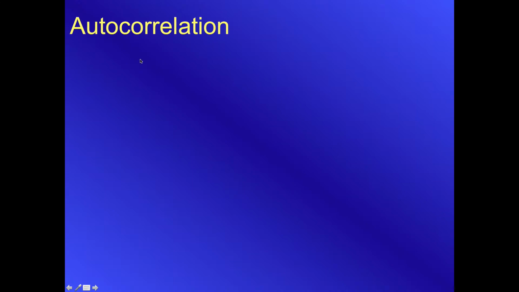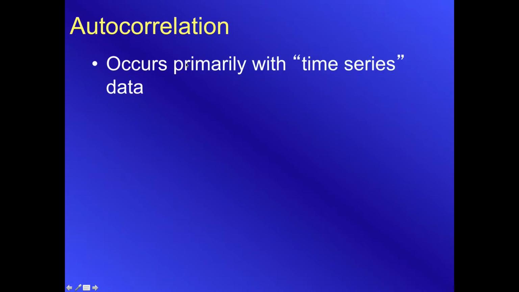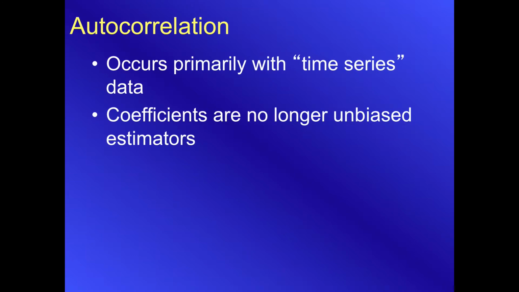Okay, now the assumption and the problem of autocorrelation. We don't want this to be happening, right? As I said, it's common in time series data. I won't say it occurs primarily, I'll say it's common. Again, if there is autocorrelation, the coefficients are not the best estimates of the slope.